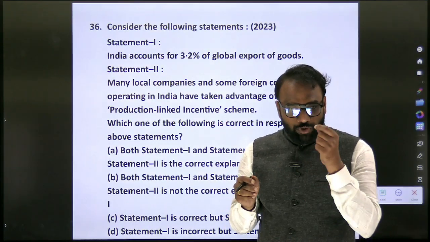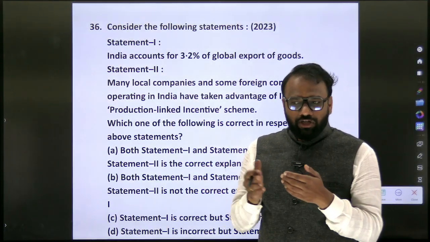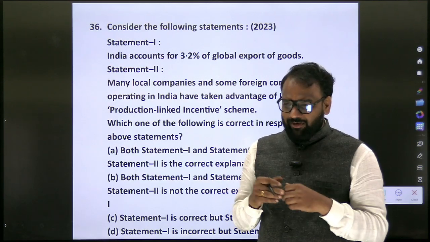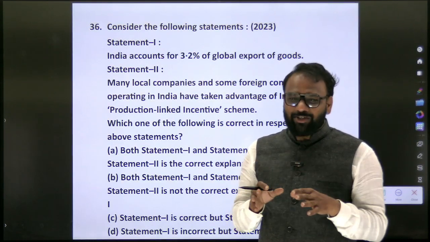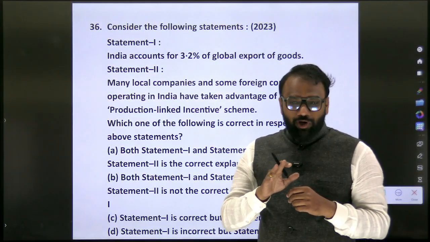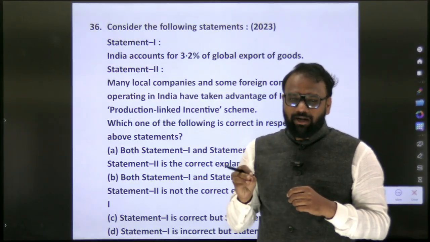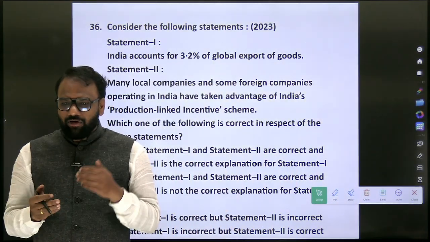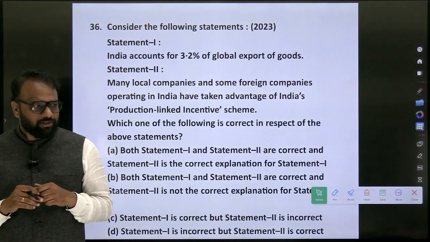You should set the targets and work accordingly, because we have hardly around 105 days, and in between we have Holi as well. So effectively we have only 100 days. These 100 days we have to cover all the subjects, keeping the exam's demand in mind. Whatever targets we set on a day-to-day basis, we have to accomplish them.